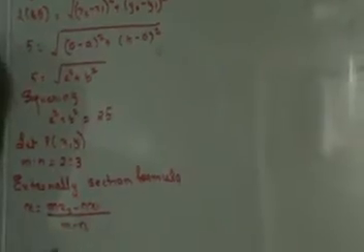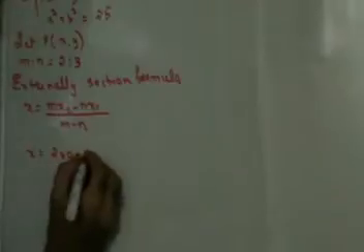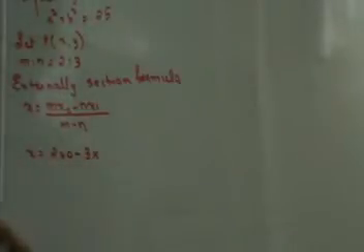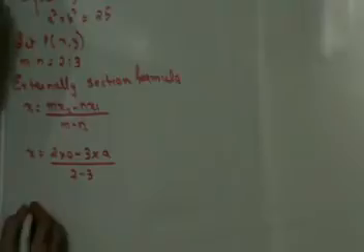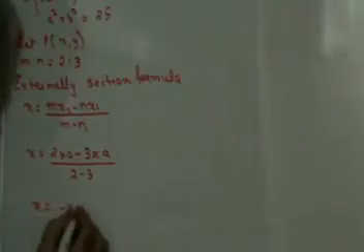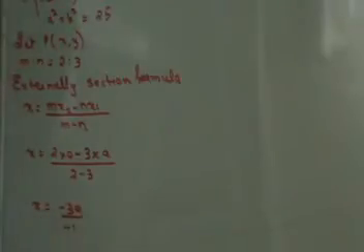So x is equal to m into x2, x2 is 0, minus n into x1, x1 is a, upon m minus n, 2 minus 3. So you will get x is equal to minus 3a upon minus 1, minus gets cancelled. So you will get x upon 3 is equal to a.